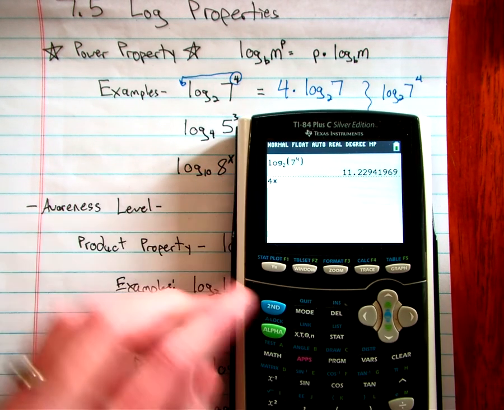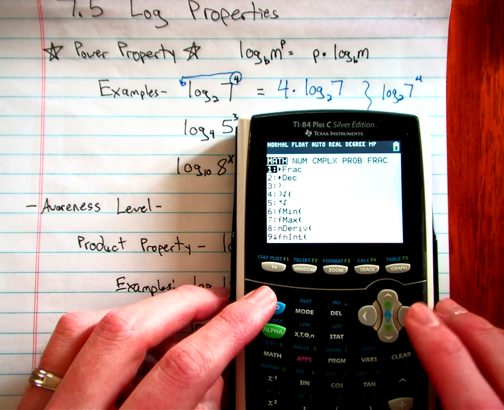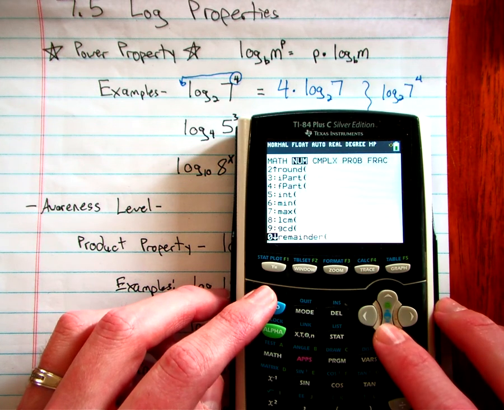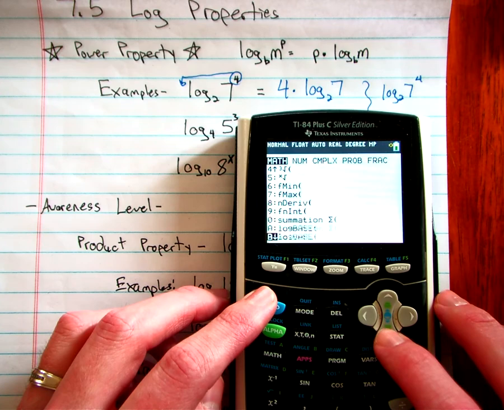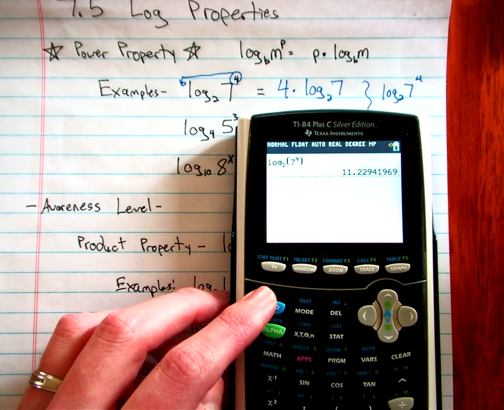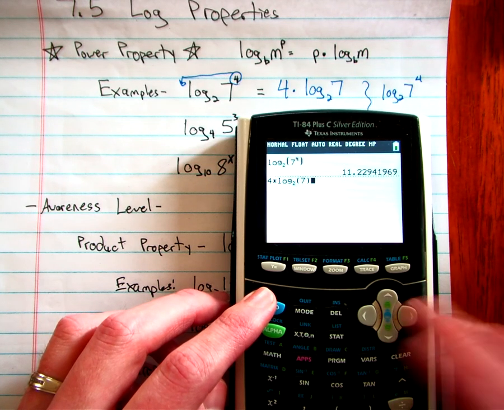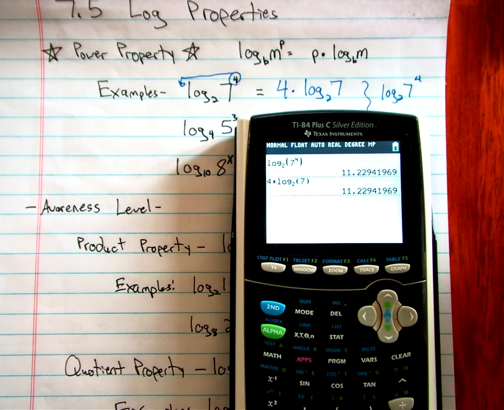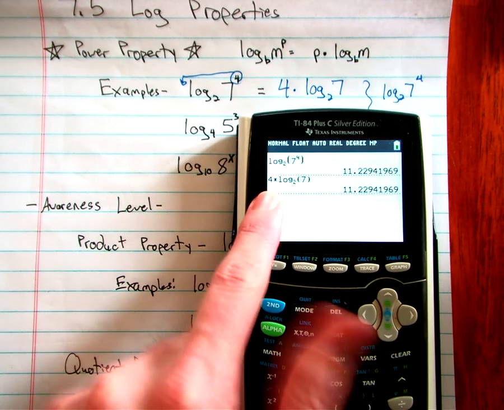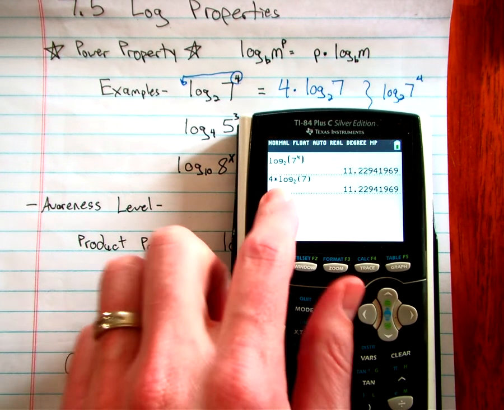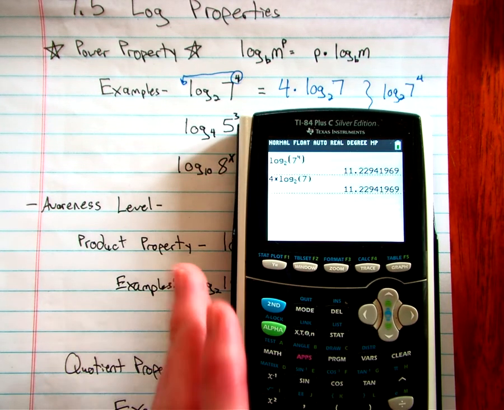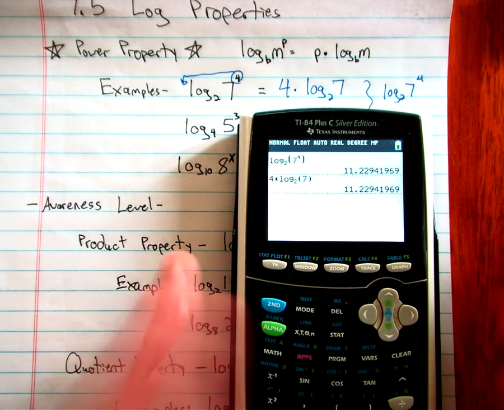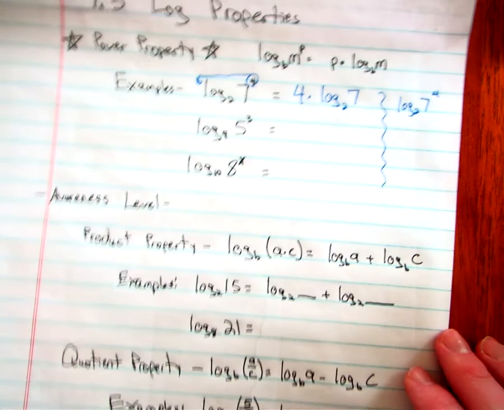Or what about 4 times log base 2 of 7. Ta-da! It's the same. So this was especially helpful before. Now with the newer calculators, it's still helpful for solving, but not as much used for computation because the newer calculators can handle that.